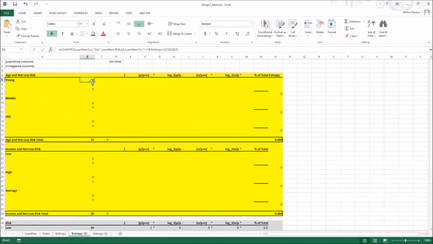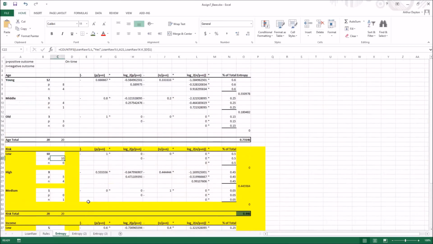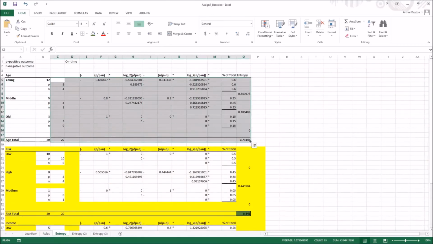So you can see right here, I am going to calculate the total count for where the age is equal to young, and then our risk is not equal to low down here. To make our lives easy, we can just go back and grab our age calculation that we did on our first entropy calculation, and we can just alter it slightly.